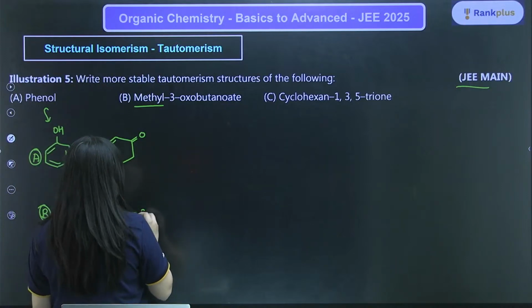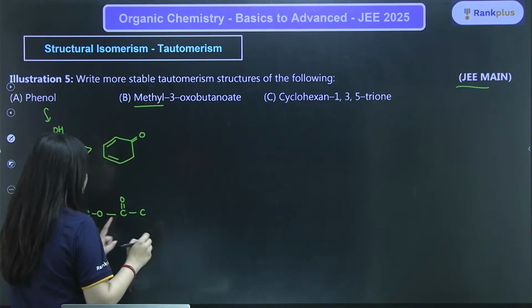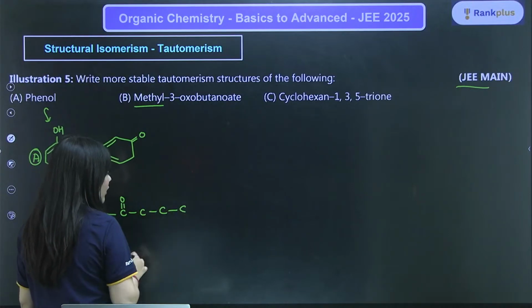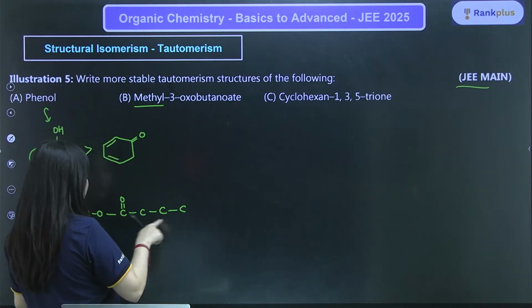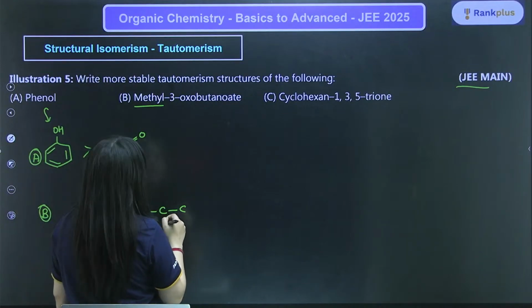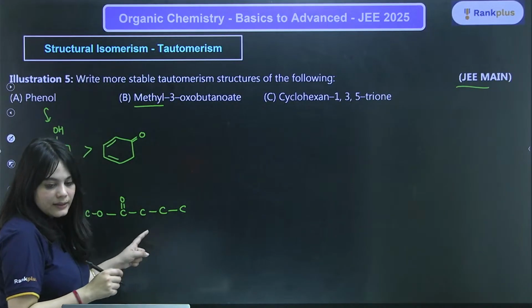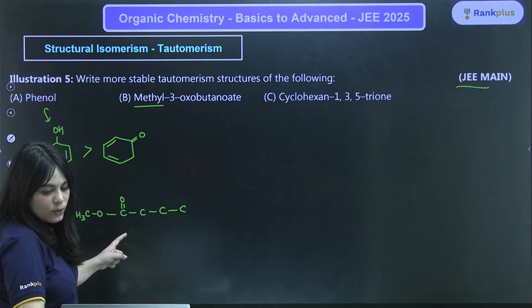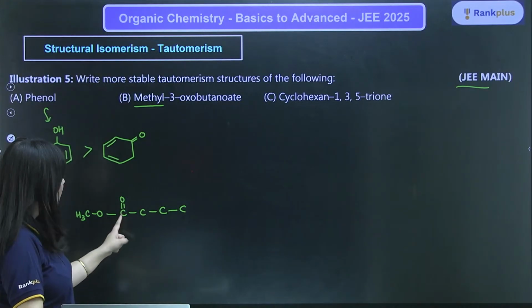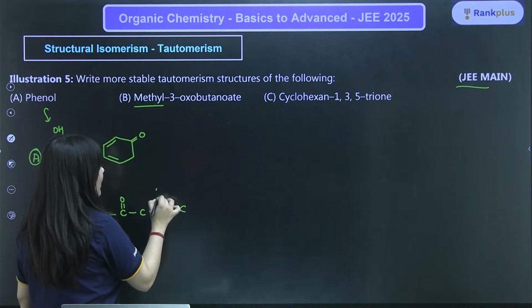Okay, so you will form it like this. This is butanoate: 1, 2, 3 and 4, and here it will be 3-oxo. So at the third position there is an oxo bond over here, right? This is 1, 2, 3. Here it would be again oxo.